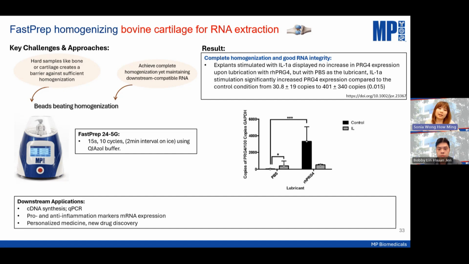Like I've mentioned, this RNA has proven to be usable even after the complete homogenization because the researchers have successfully done cDNA synthesis and qPCR. And in this case, it has helped them to identify the pro- and anti-inflammation markers and mRNA expression. And this would actually contribute to a bigger goal of personalized medicine as well as new drug discovery.